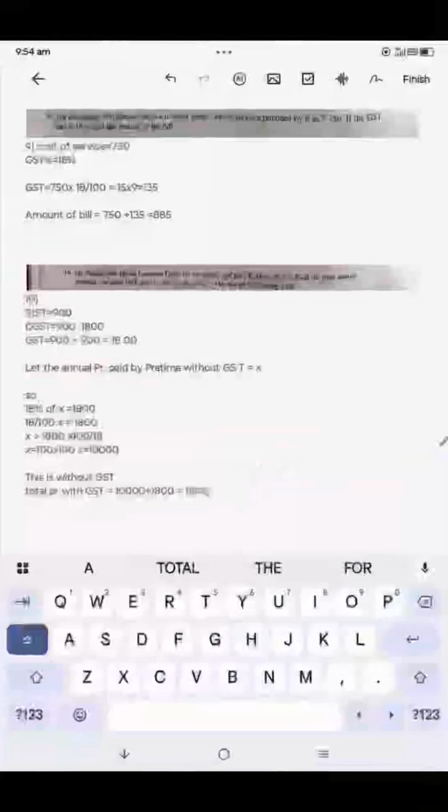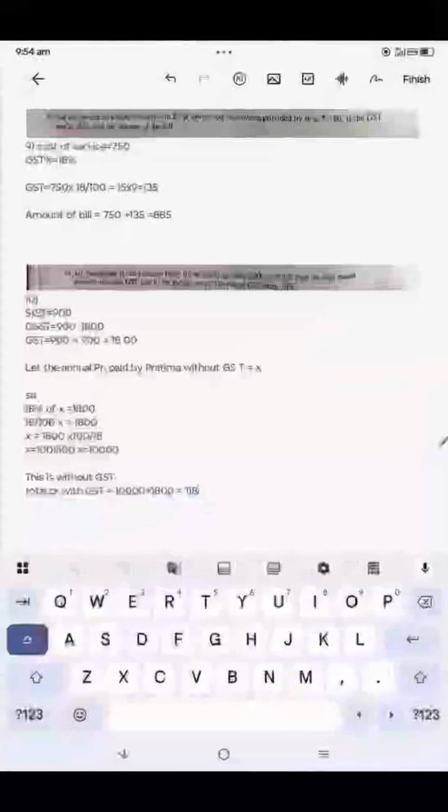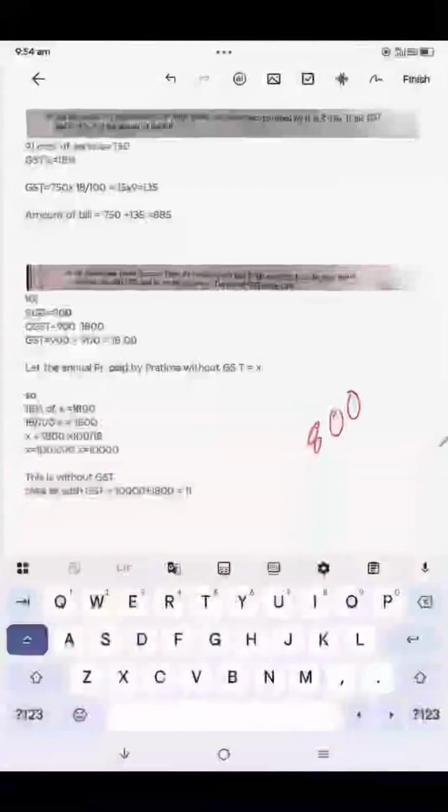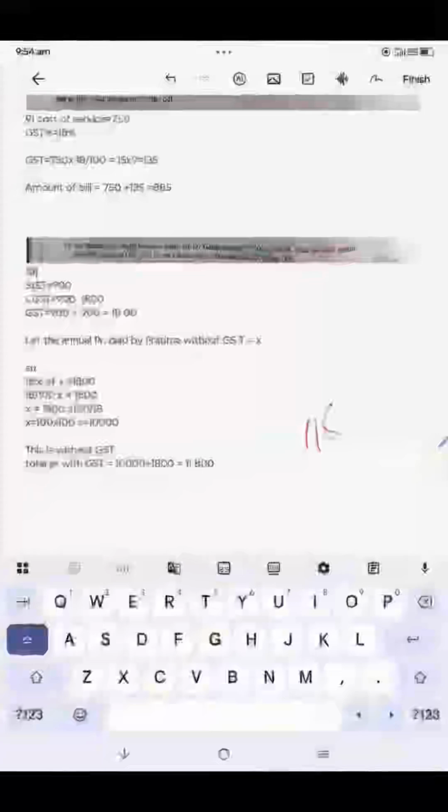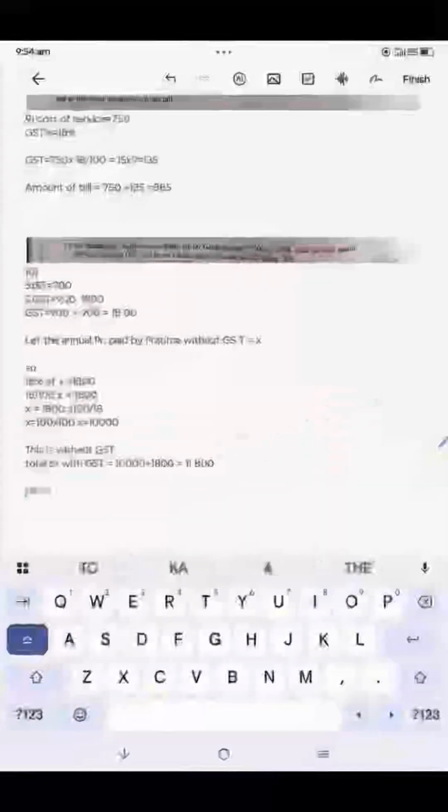Total which she has to pay is 11,800 rupees. This is the answer for question number 10.